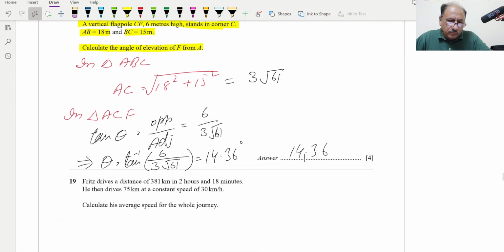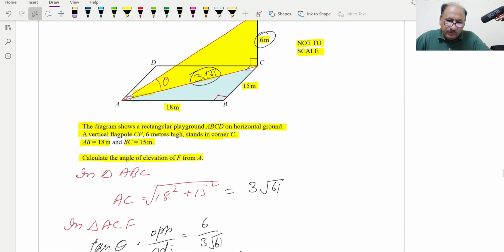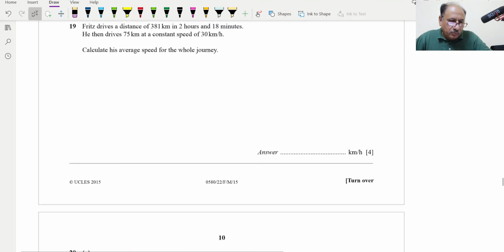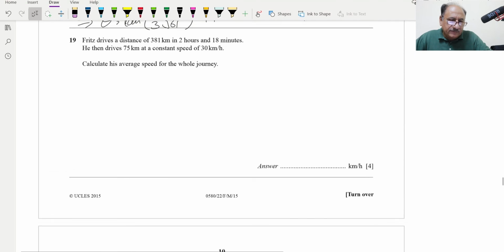So this is a 4-mark question. You can see first we applied Pythagoras theorem, then we applied trigonometry on triangle ACF, and we got the answer.